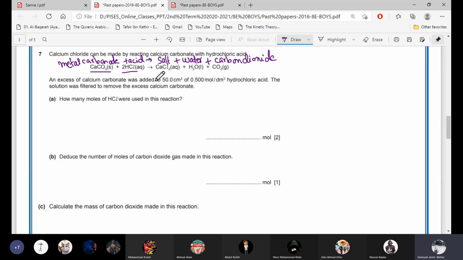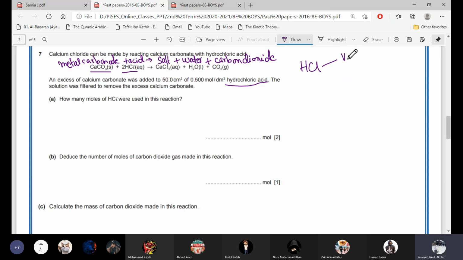Excess calcium carbonate was added to 50 cm cube of 0.5 mol per dm cube hydrochloric acid. The solution was filtered to remove the excess calcium carbonate, and these are the questions you have to find out. How many moles of HCl, and deduce the number of moles of carbon dioxide. Again, you have to follow the footbridge in this question. What is given to you?